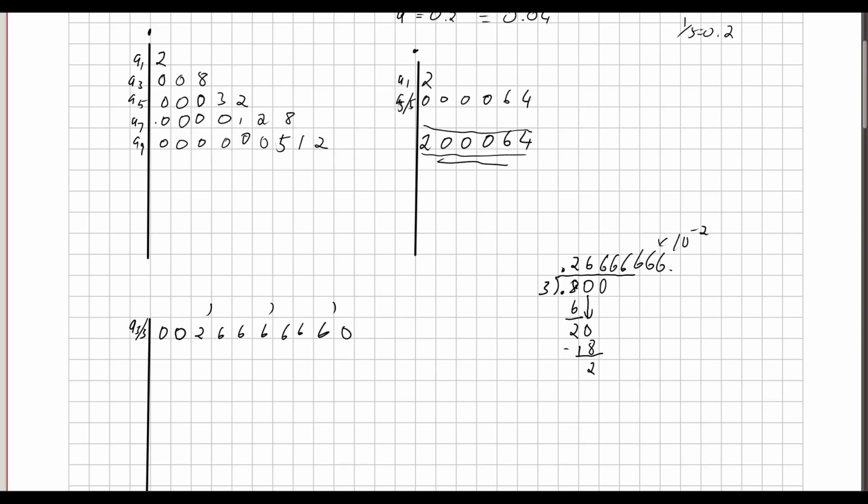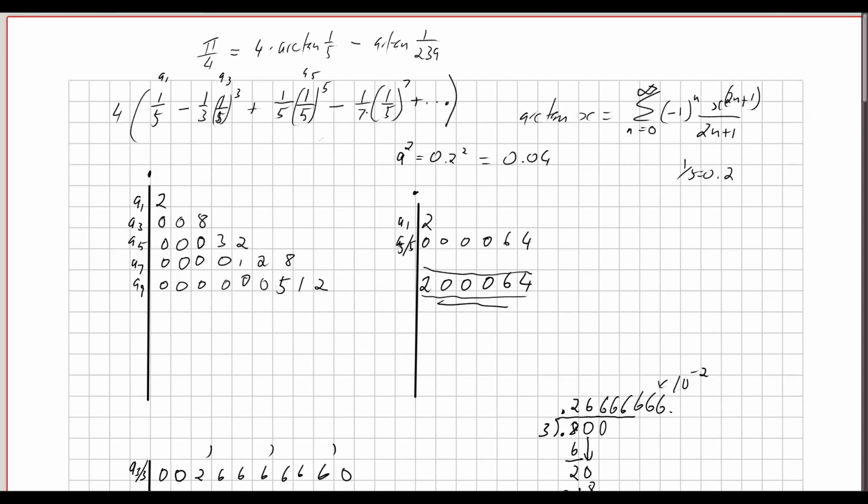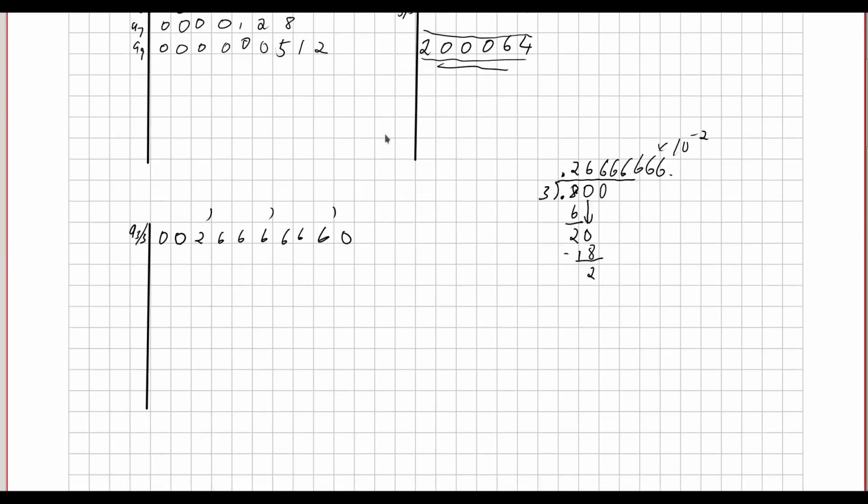Now the next negative term is negative 1 over 7, times 1 over 5 to the power of 7. So we'll do that. So 5 to the 7 over 7. Now again, we'll have to do some long division, and that is 0.0000128.